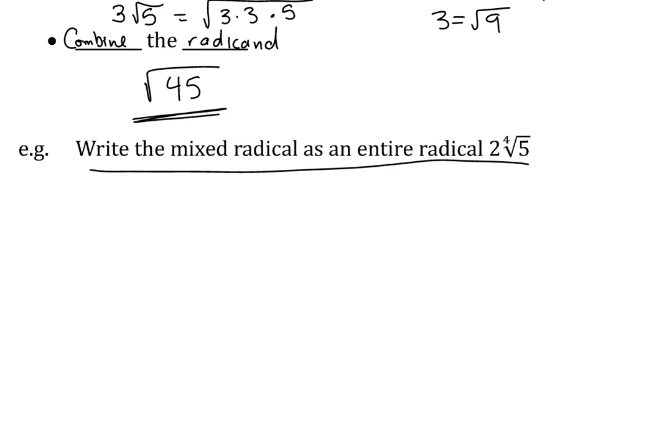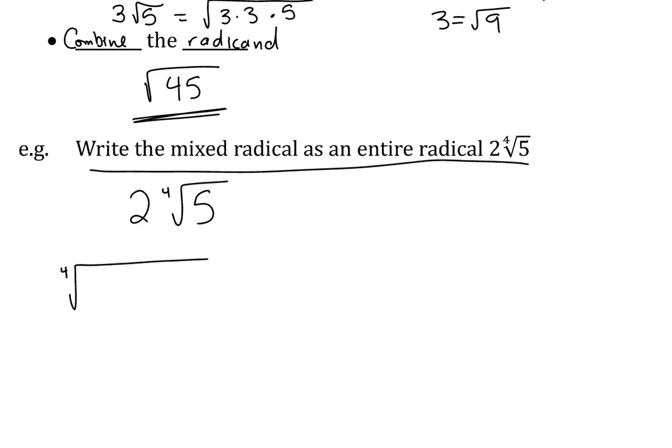That means everything in my final answer is going to be under the fourth root. So I have 2 and the fourth root of 5. The fourth root of 5 is fine, but I have a whole number living outside of the radical. What does it look like when it's underneath the fourth root?